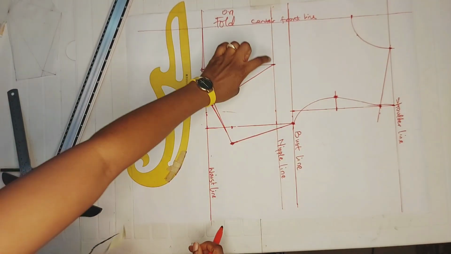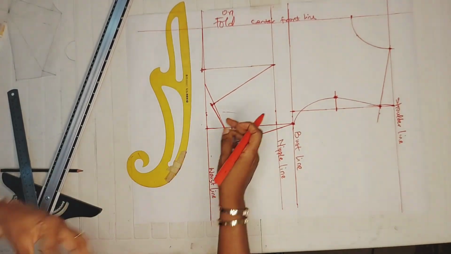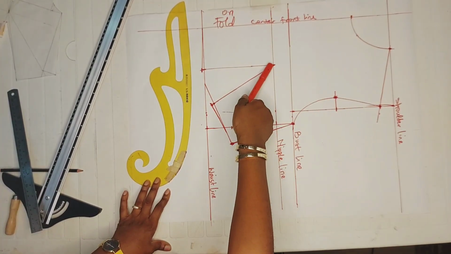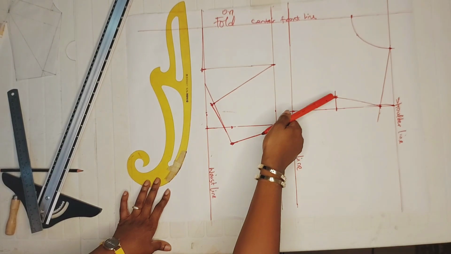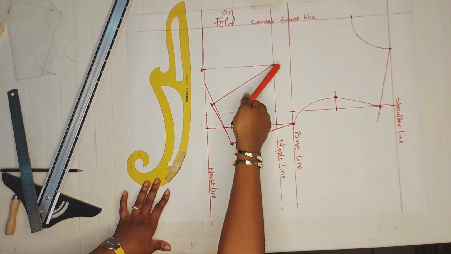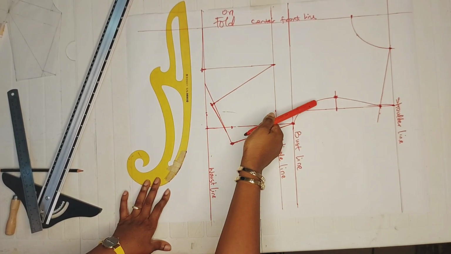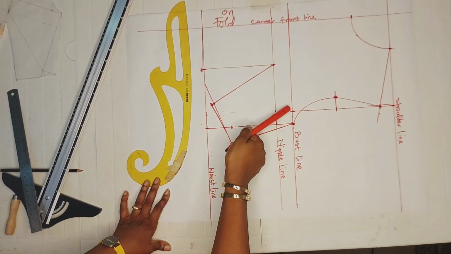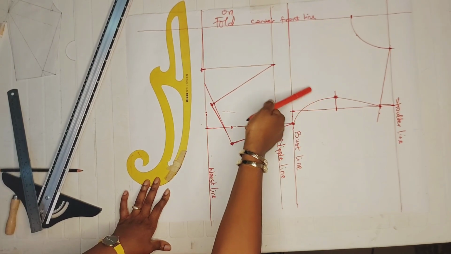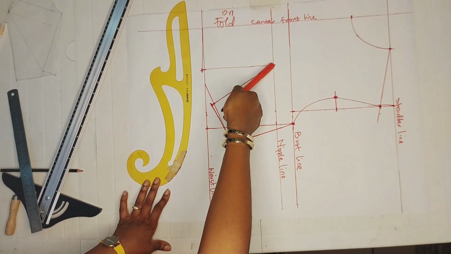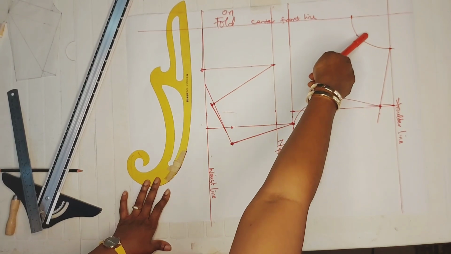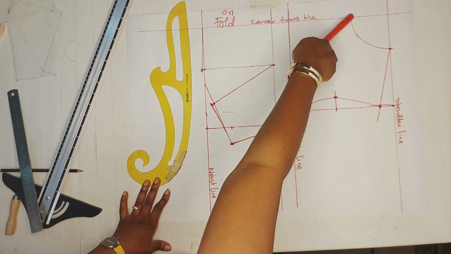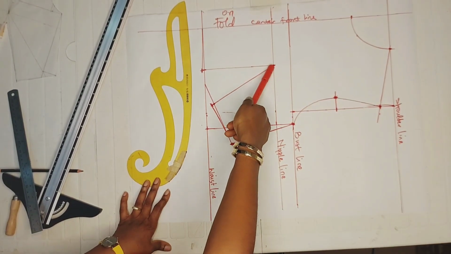One thing you should understand is that the opening of this dart at the waist can be transferred to the shoulder area, as well as the armhole area coming to the bust point. Also, beneath the armhole, measuring from the bust line upwards 2 inches, it can come from that area to the bust point. It can also come from this neck area coming to the bust point, and from the center of the neck at the center front line coming to the bust point.